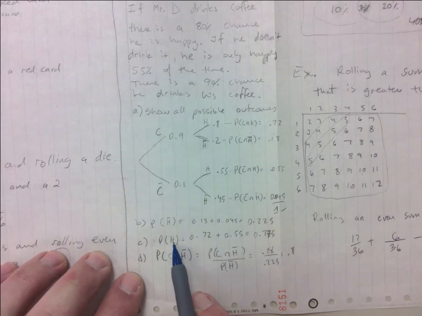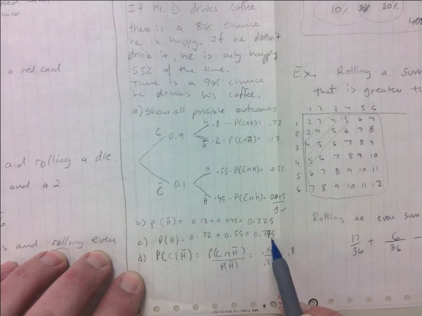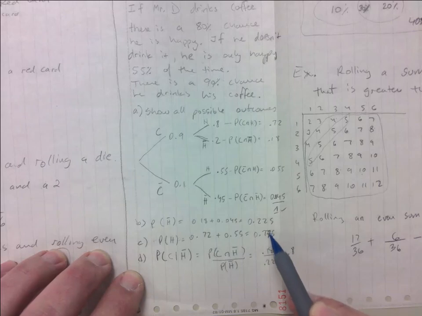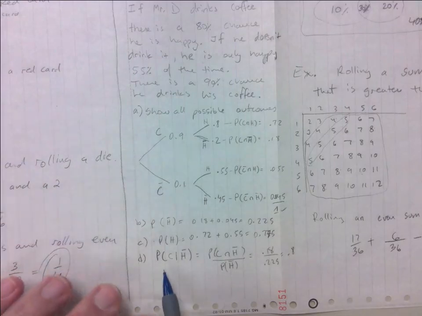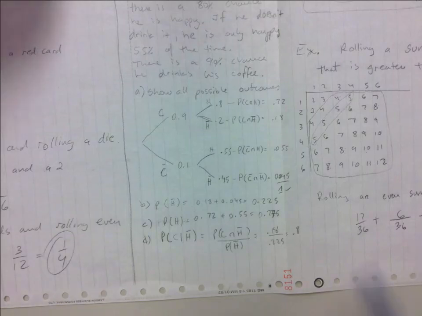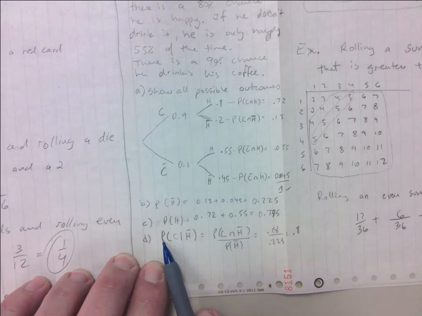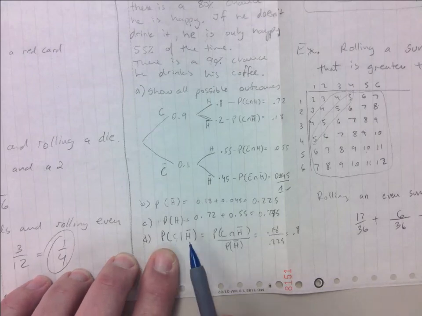Probability of being happy, you add up the ends where Mr. Dirksen is happy, that's 0.775, and no surprise, this should add up to 1, right? Happy, not happy. And the last one is a given situation, right? So how would this translate? Probability that Mr. Dirksen drank his coffee given that he's not happy.